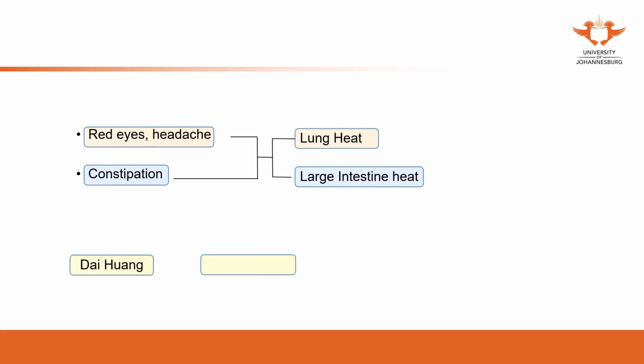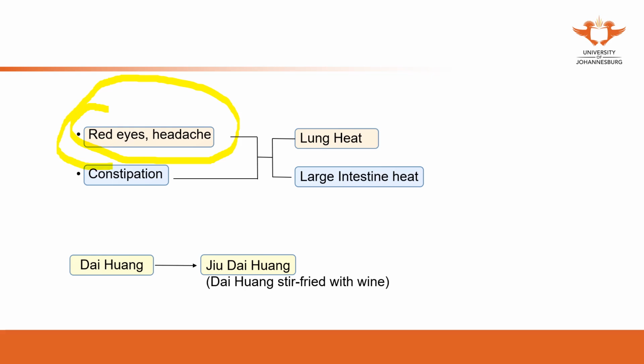Daihuang can be used for constipation because Daihuang can cause diarrhea. As Daihuang goes downwards, it can go to the large intestine, but this patient has red eyes and headache, which are in the upper parts of the body. So we want the Daihuang to go outwards, not only to the large intestine, but also to the lung, to the head. How can we do this?